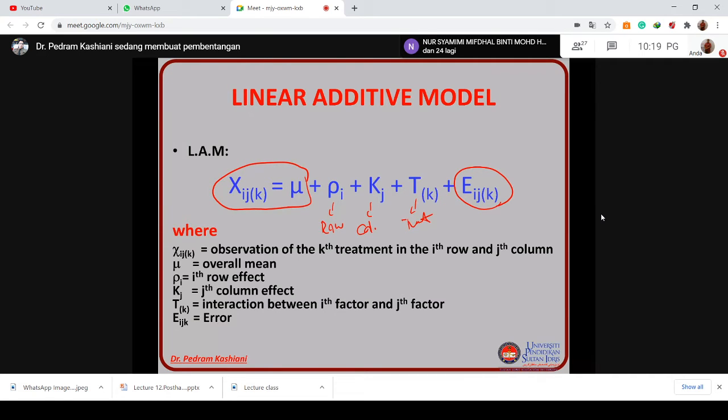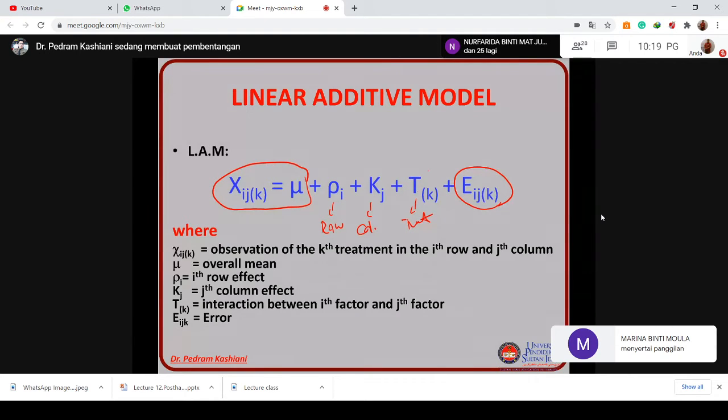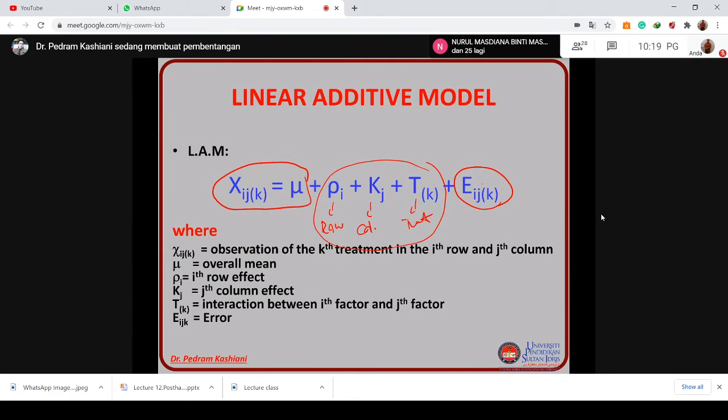So if I want to do analysis in SAS, I will have to write these three in my model, because error is whatever is left, and I don't know how much mu is, so no need to have this part. The middle ones I have to put in the model in SAS to be able to analyze.